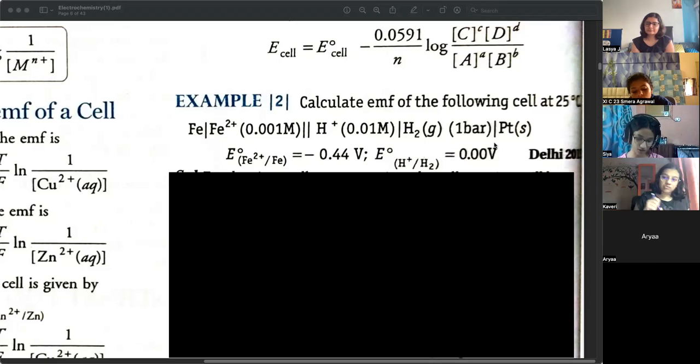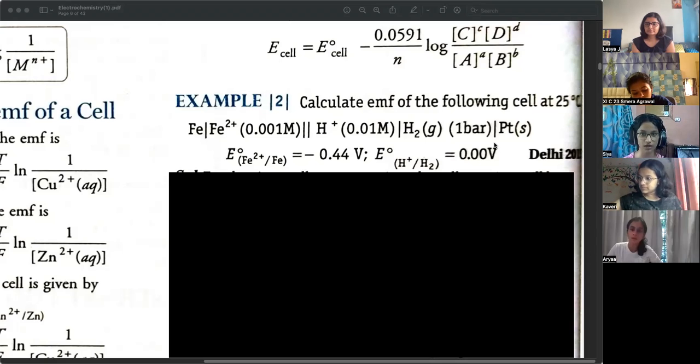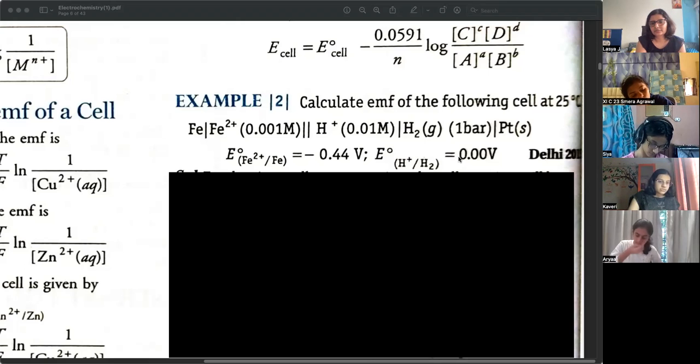Also for log of products by reactants, only the ion we take. Not for hydrogen, right? Hydrogen will be 0 anyway. So we have to use the Nernst equation for this? Products and reactants, right?